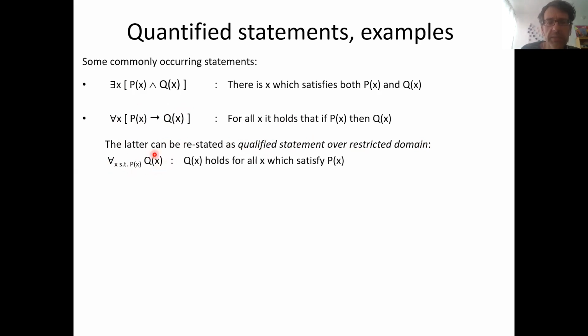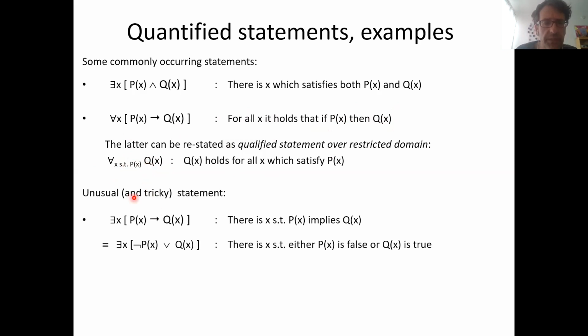Because this statement is read like this: the predicate Q(x) holds for all x which satisfy the predicate P(x), implicitly in the domain, whatever it was. This is exactly what this says, right? For all x that satisfy this, Q(x) must also be a consequence, right? These are the same statements, and this is a shortened form. This is how common these kinds of statements are.